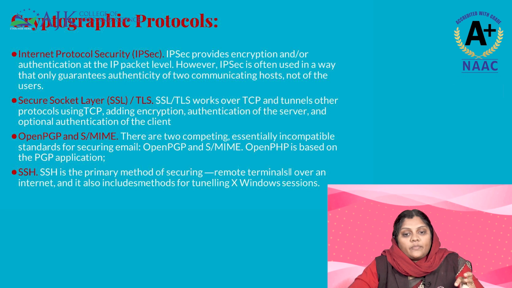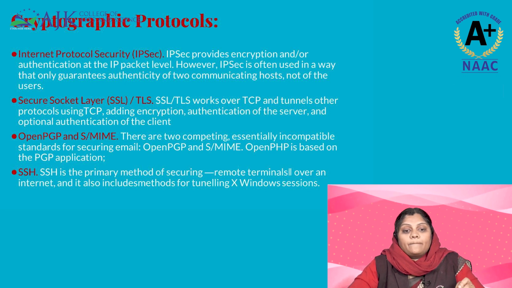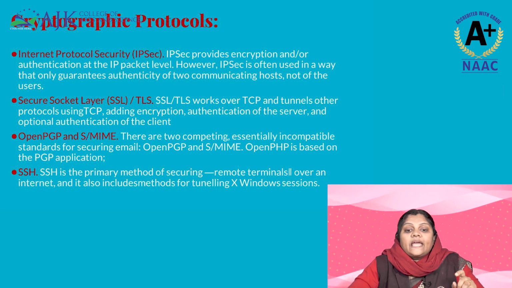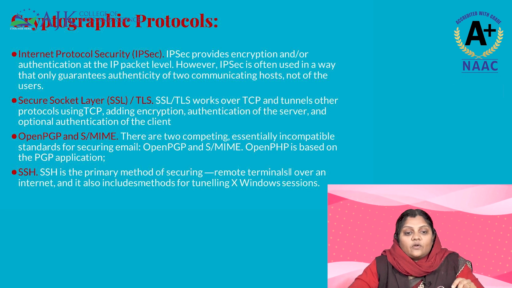There are 2 competing, essentially incomplete standards for securing email. OpenPGP is based on the PGP application. The last one is SSH, a primary method of securing remote terminals over the internet, and it also includes methods for tunneling X Windows sessions.